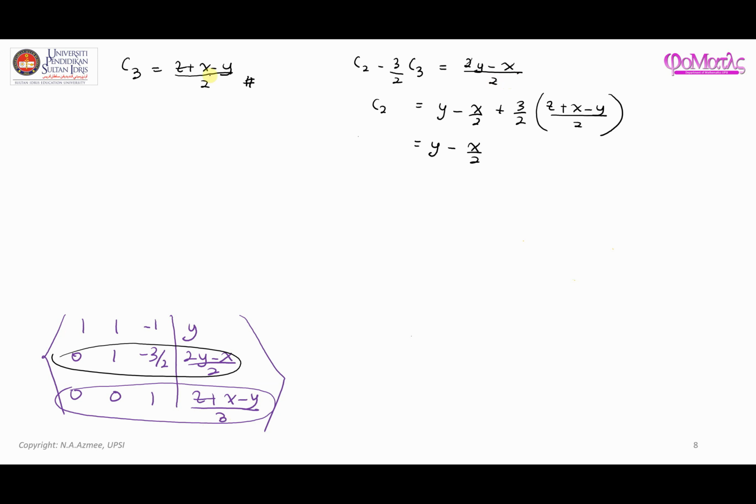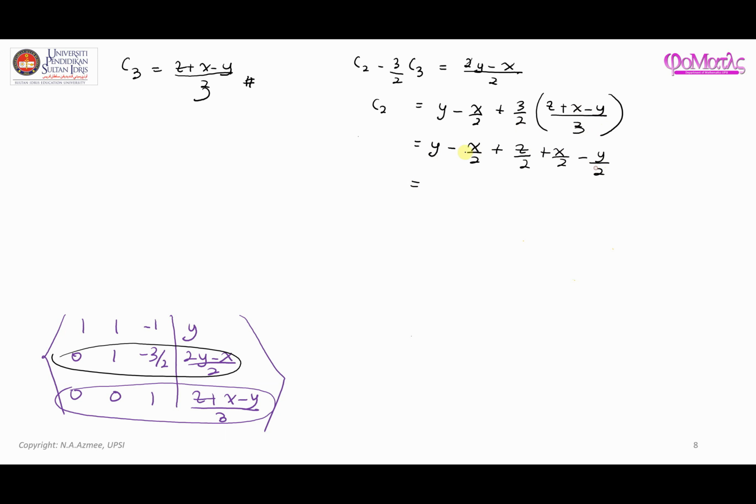Sorry, this is not over 2, this is over 3. Now y minus x over 2, so here that will be plus z over 2, and then plus x over 2 and negative y over 2.